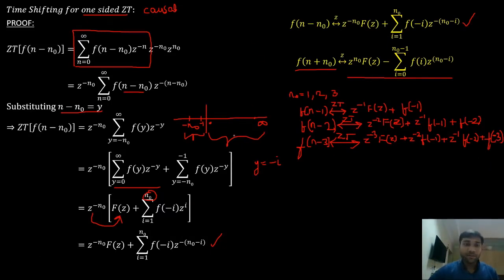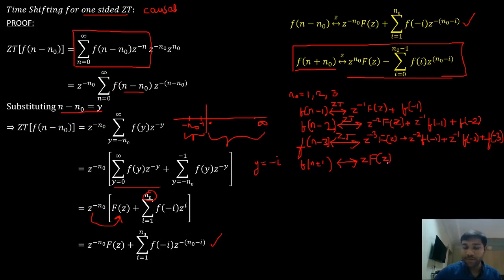Similarly, if I consider the second z transform pair, f of n plus 1 will have the z transform z into f of z minus, here when n naught is equal to 1, that means n naught minus 1 becomes 0, and I is equal to 0.